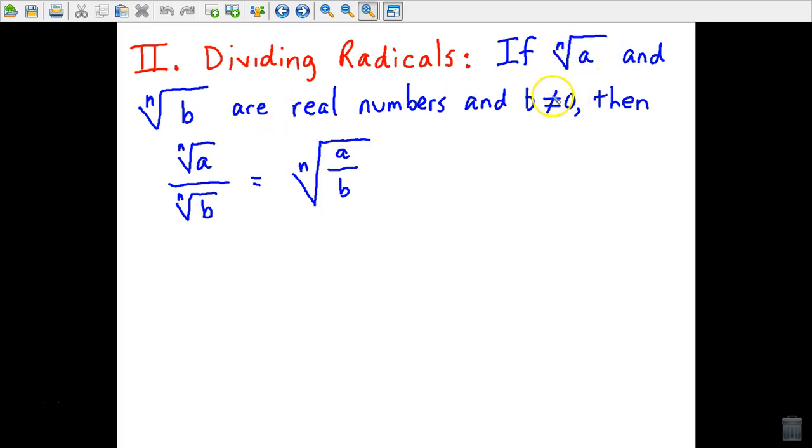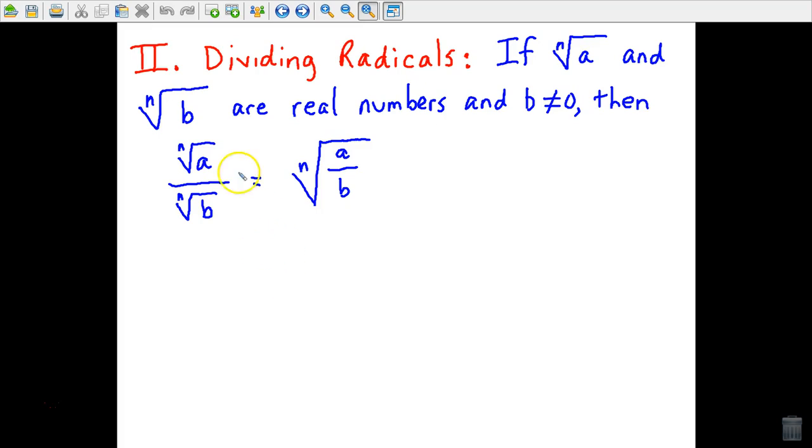It basically says this: if we have two radicals, same root, different numbers, and the denominator cannot be 0, so in this example, b cannot be 0, then really what we have here is two ways of writing division. We could think of it as two separate radicals being divided.